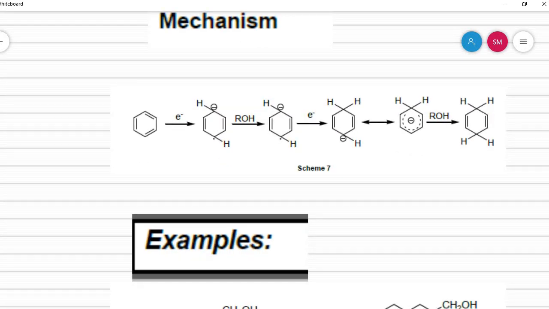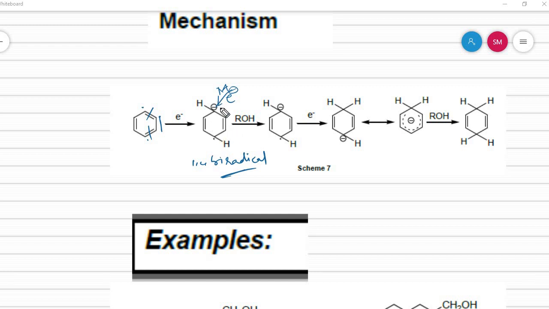This is the general strategy of the mechanism, where it is a radical type. This is a radical, this is a radical. It is going to form a bond, and a 1,4 biradical system is going to form. This 1,4 biradical will be reduced by the metal solvated electrons, exactly similar to conjugated double bonds.